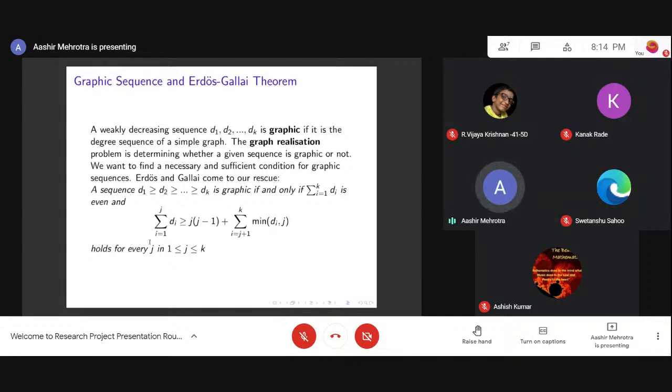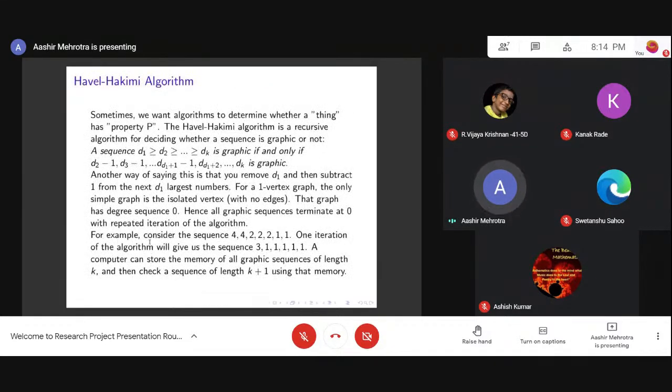Okay, now the Havel-Hakimi algorithm. Sometimes we want algorithms to determine whether a thing has property P. Algorithms are actually much faster than checking general theorems. The Havel-Hakimi algorithm is a recursive algorithm for deciding whether a sequence is graphic or not. It says a sequence is graphic if and only if some altered sequence is also graphic.